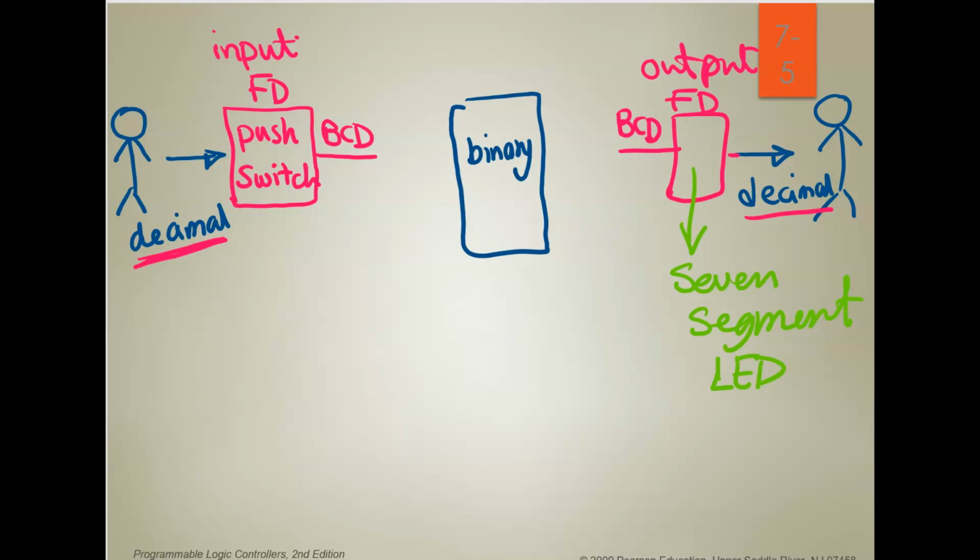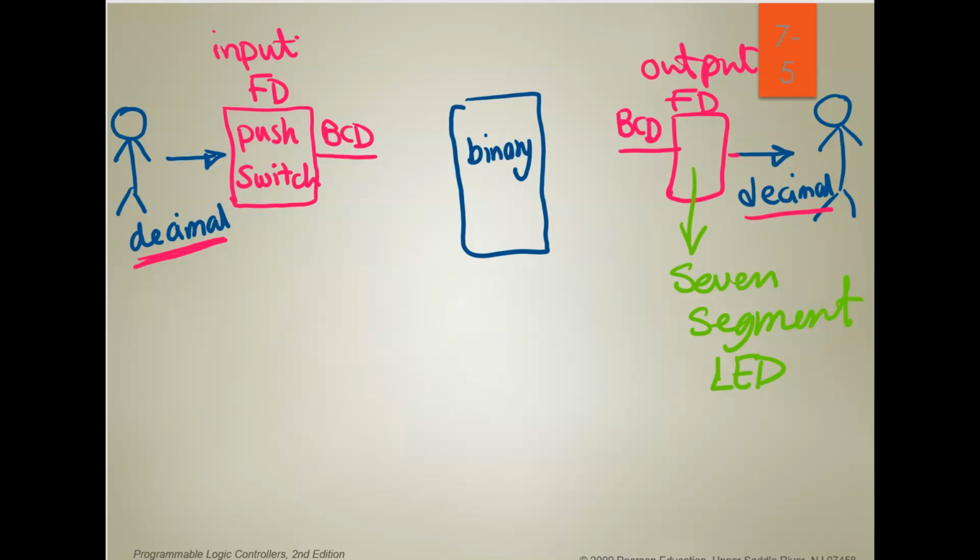Okay, but remember that the problem has not been solved yet, because we are still having binary coded decimal, and the PLC processor understands binary numbers, not binary coded decimal. Same here. The output of the PLC processor will be a binary value, not a binary coded decimal value.